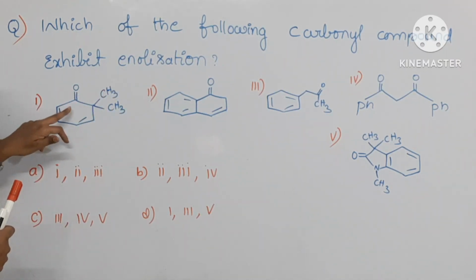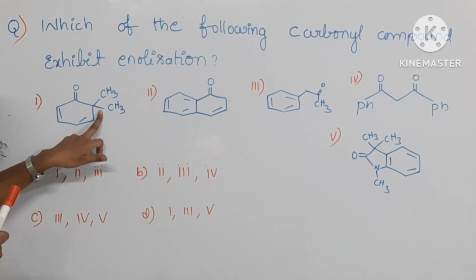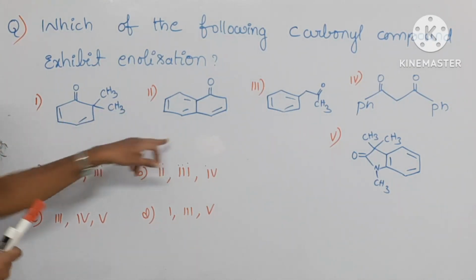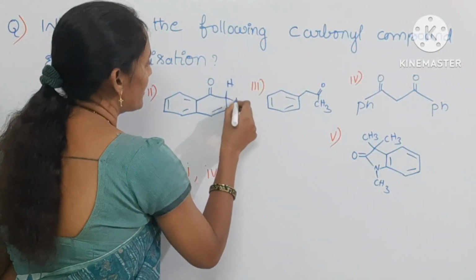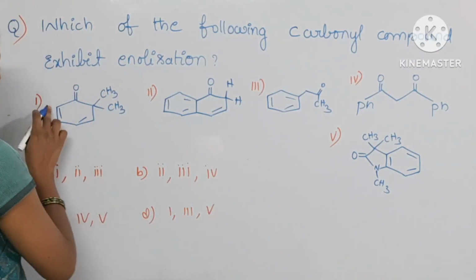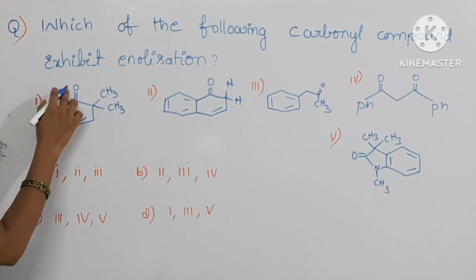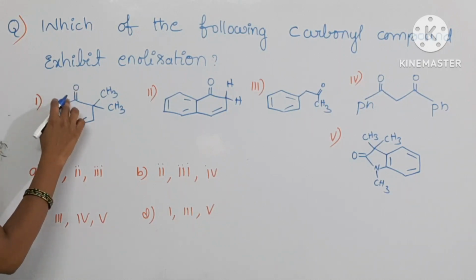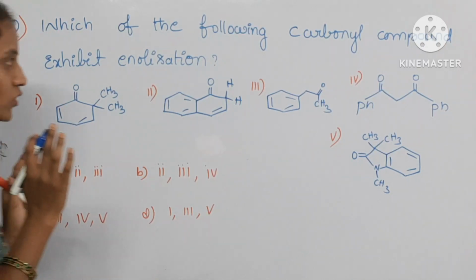See, this one here, double bond O, here there is no hydrogen, and here you can check, here one possibility is there. Here, see, hydrogen. Here one hydrogen is there, but immediately a double bond is there, so if it is going to this one, not possible. Again an immediate double bond will be possible, so that does not come under enolization.